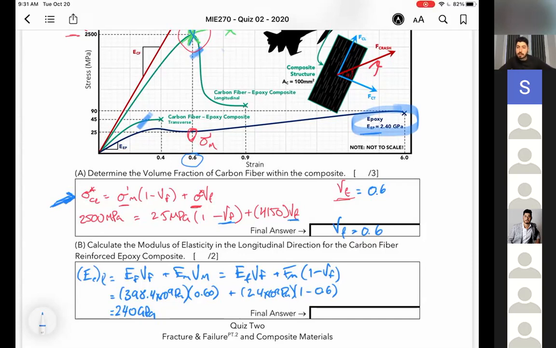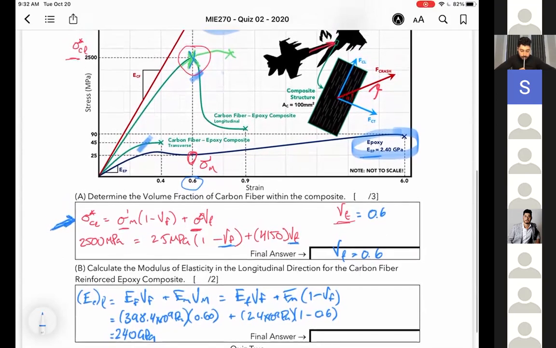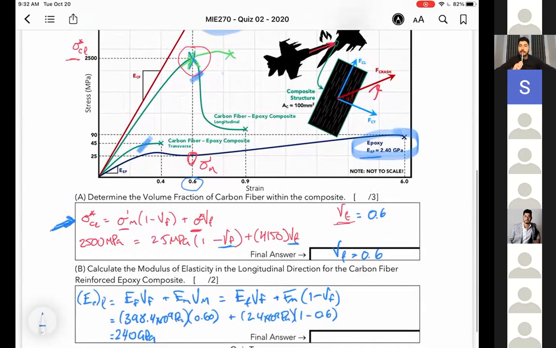Somebody had a question that they wanted to turn on their mic. Please go ahead. The question I had was for the first part, determine the volume fraction. Did we only use the longitudinal formula because we don't have one for transverse? Yes, that is absolutely correct. Every time they ask for volume fraction, is it always the longitudinal?